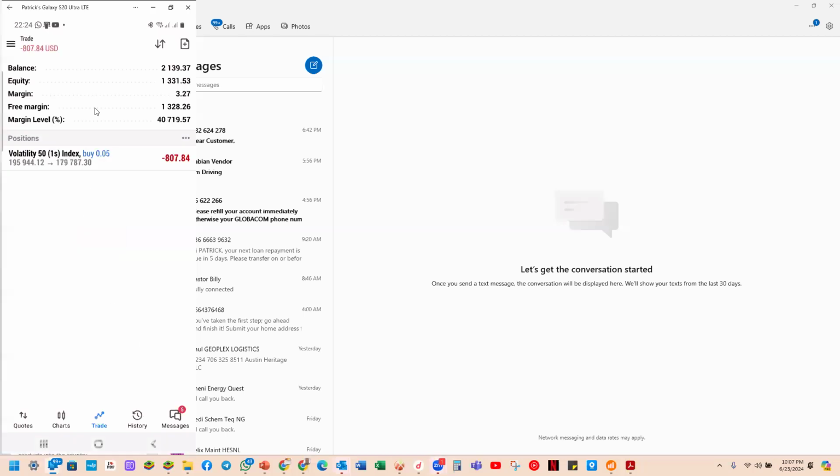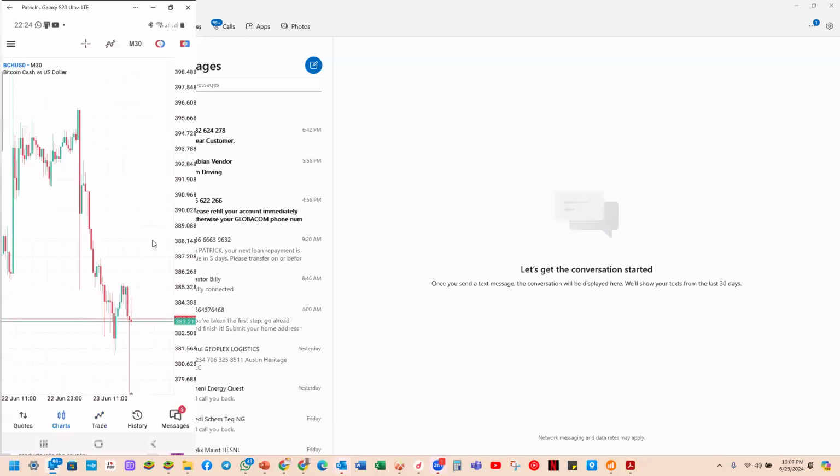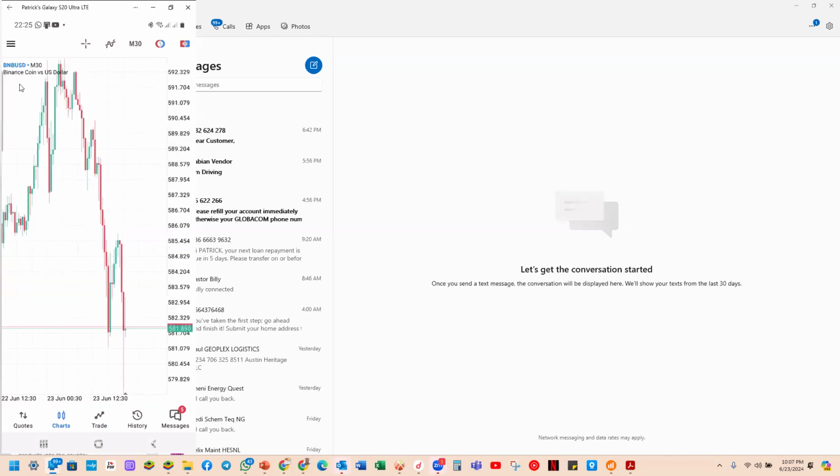Okay. So if you look at this MT5, it's a little bit different from MT4 in the sense that in MT5, you can have a pull down of all your currency pairs, whatever you want to trade. You can have all of them pulled down here, okay.